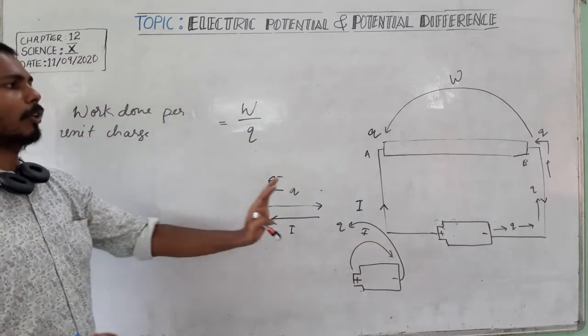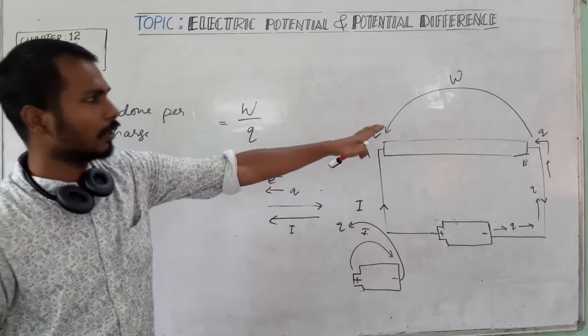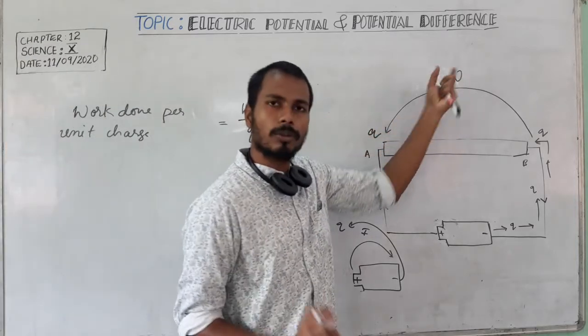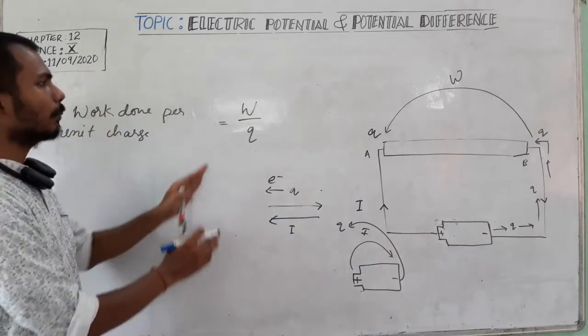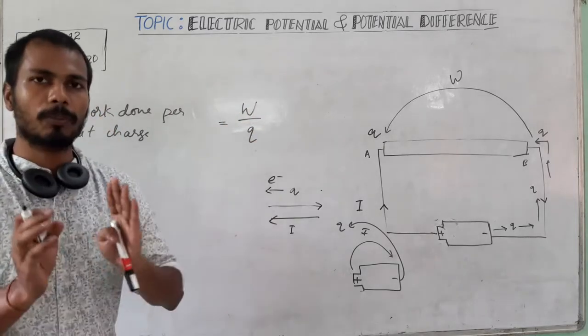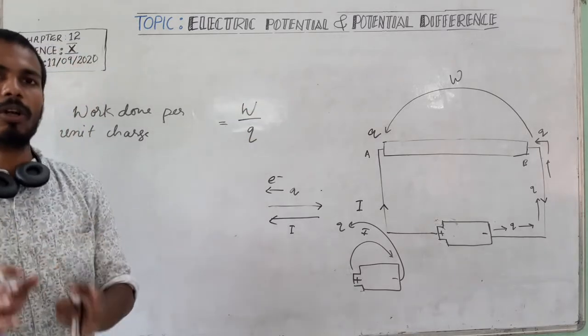When Q amount of charge is moved from B to A after doing a work of W, this is the work done per unit charge. Now this work done per unit charge is actually potential difference. This work done per unit charge is called potential difference.